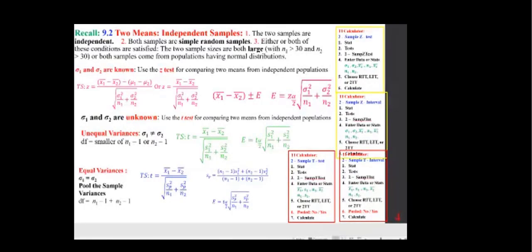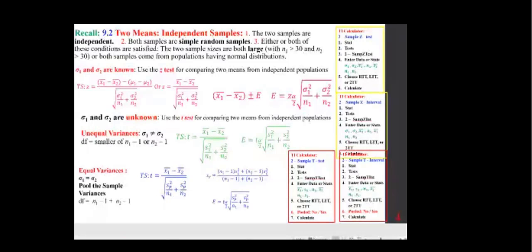Number one, sigma 1 and sigma 2 are given, they are known. Then we go with the z. Z is x1 bar minus x2 bar over the square root of sigma 1 squared over n1 plus sigma 2 squared over n2. The confidence interval is similar. It was x bar plus or minus e. Now it's x1 bar minus x2 bar plus or minus e.